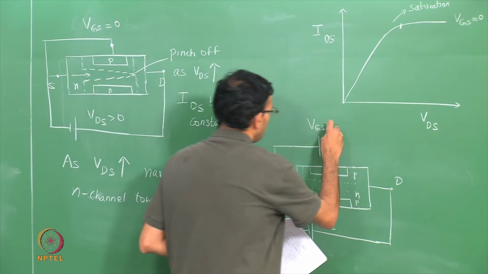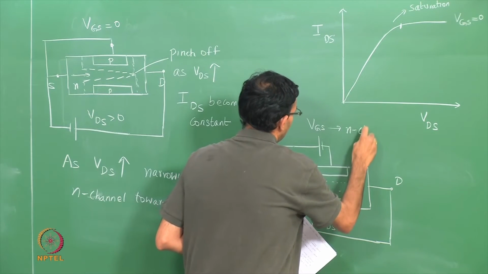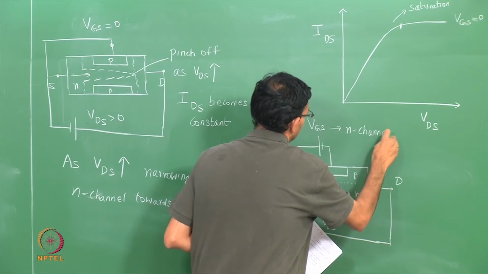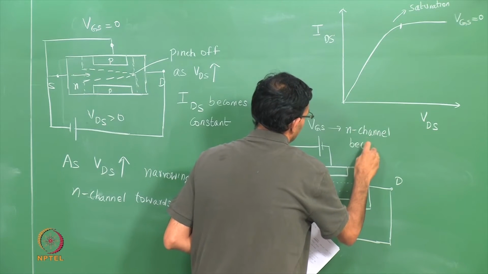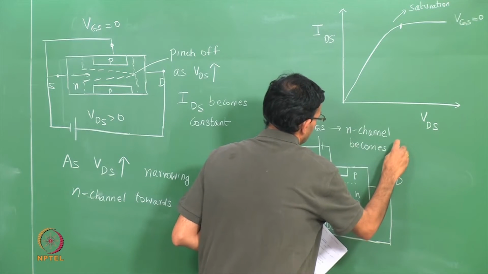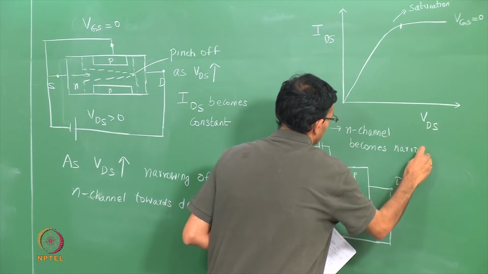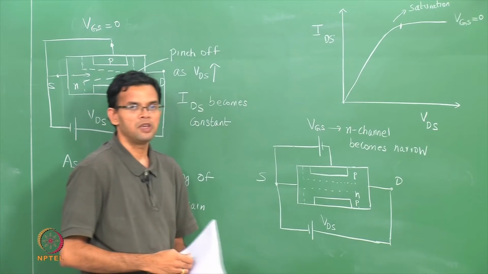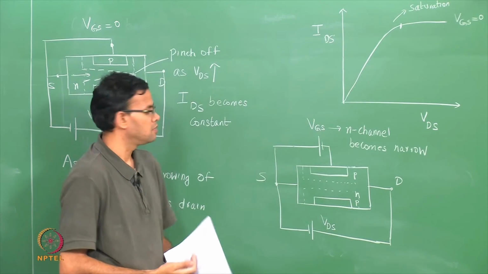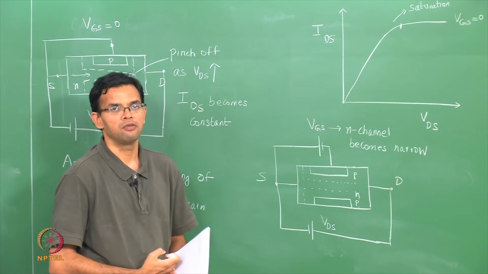So once you have a bias, the N channel becomes narrow, and if we keep on increasing this value, the channel will become narrower and narrower.